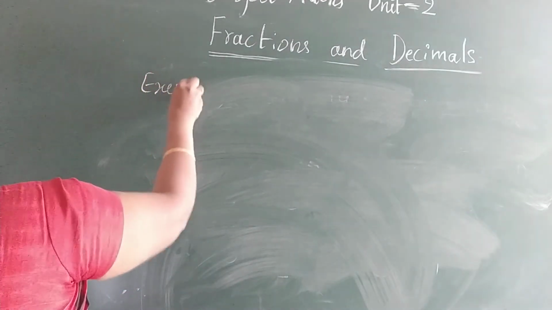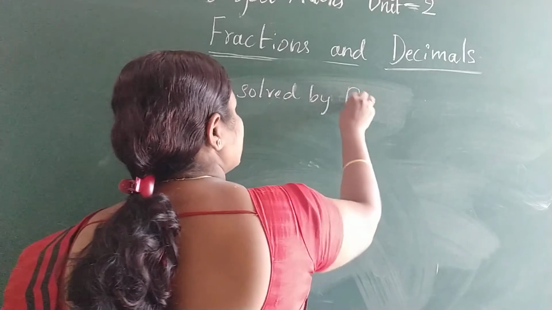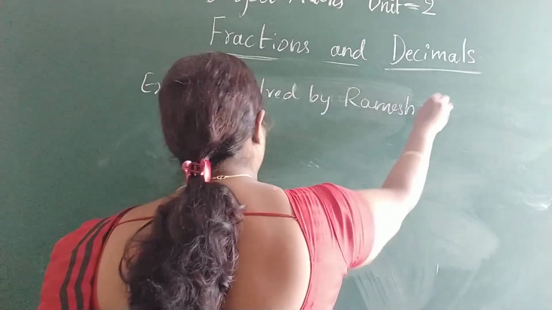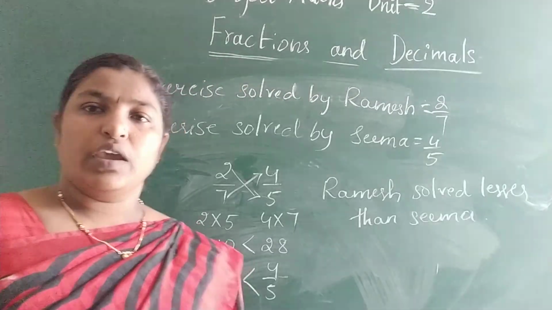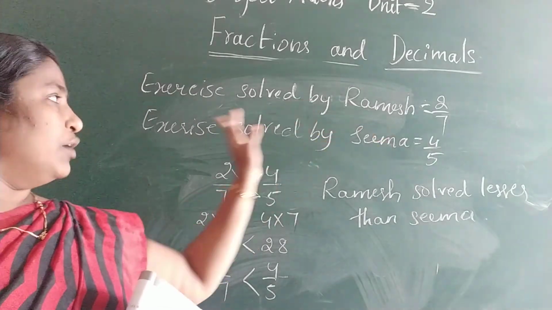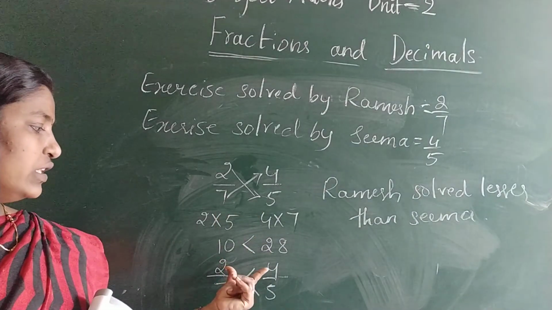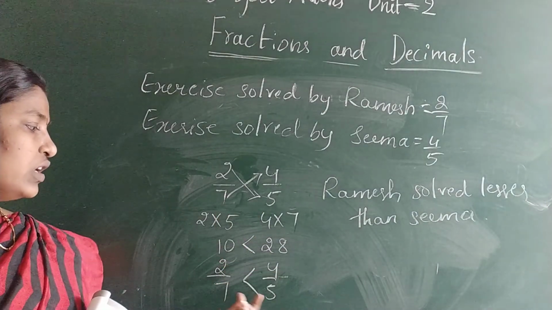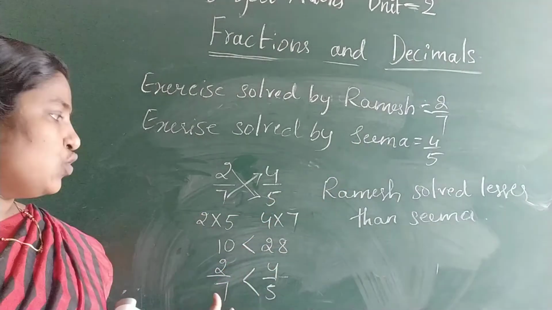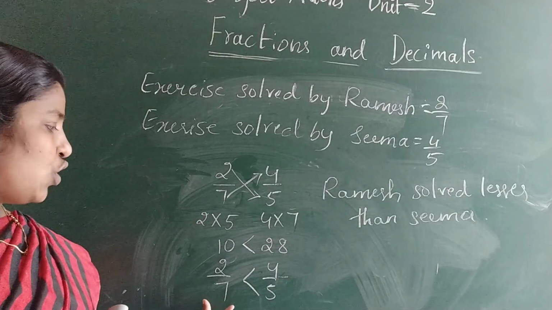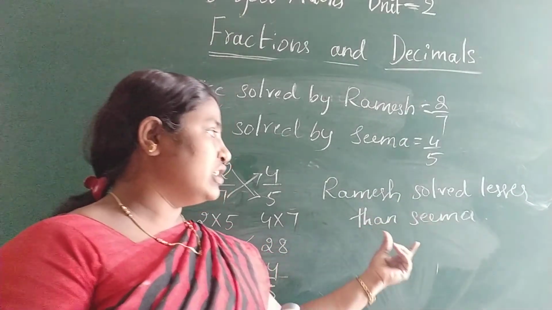Exercise solved by Ramesh is 2 by 7, and exercise solved by Seema is 4 by 5. So do the cross multiplication, and you will get this; compare. 4 by 5 is bigger than 2 by 7. So 4 by 5 is Seema's exercise, and 2 by 7 is Ramesh's. So Ramesh solved lesser than Seema.